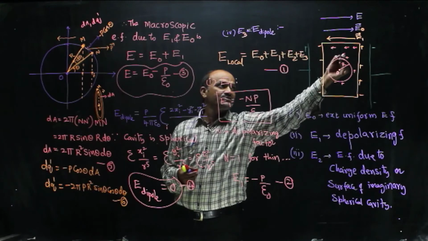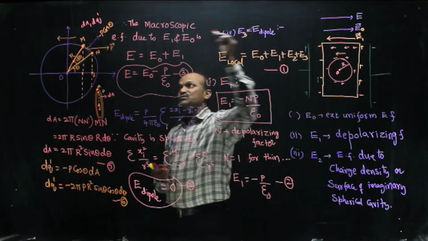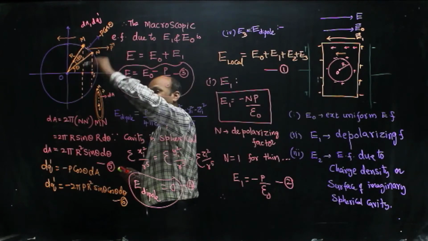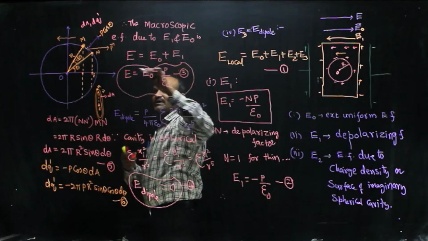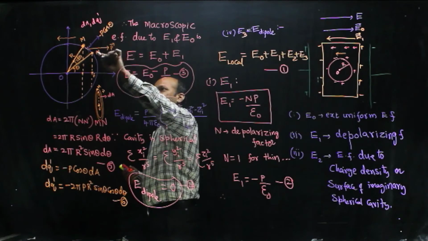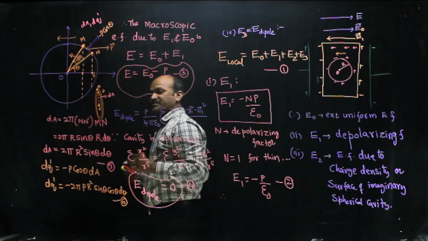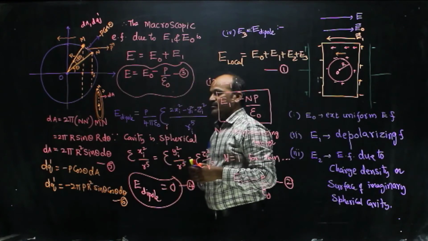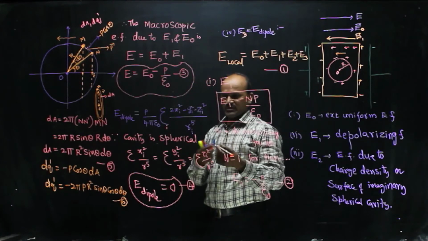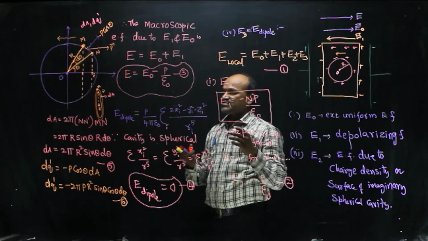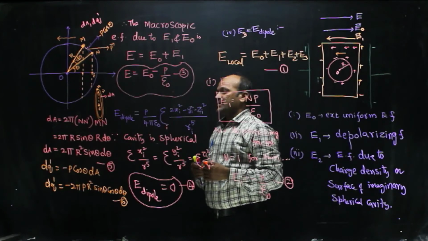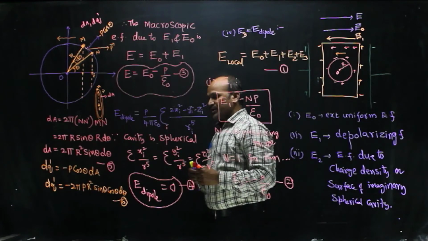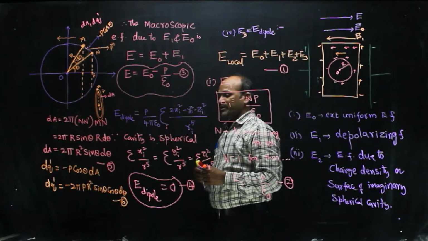The electric field direction is along the negative x-axis, but we are trying to calculate along the applied field direction. So I have taken minus P cos theta. Generally the polarization, the dipole moment, is opposite to the applied electric field anyway. So dq dash is equal to minus 2 pi P R squared sin theta cos theta d theta.